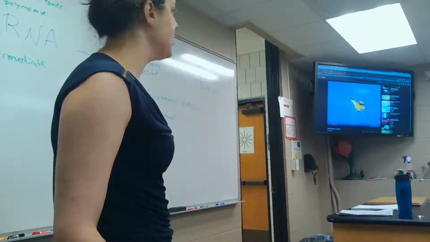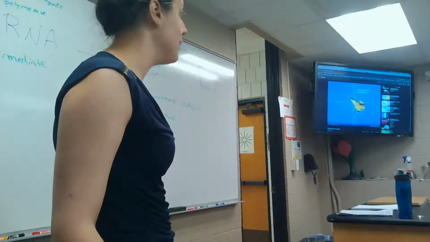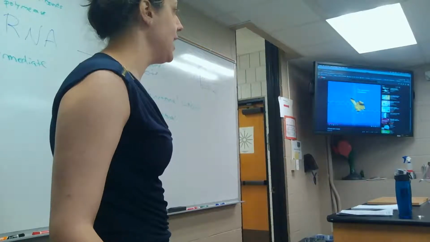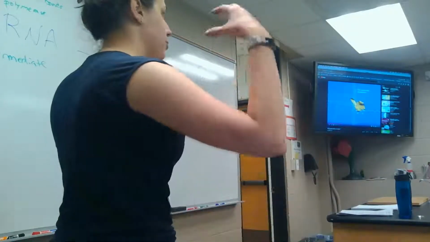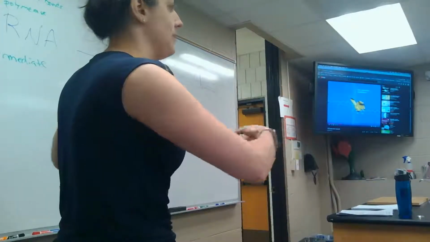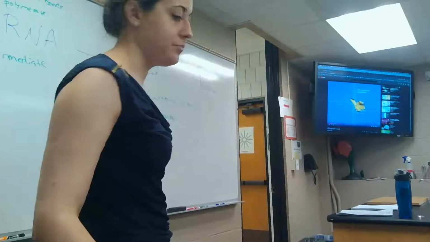And so this end would align with the -35 part, and then this end would align with the -10 sequence, so that we've created a direction, basically a molecule that's an arrow, more or less. It's saying, okay, go down this way.